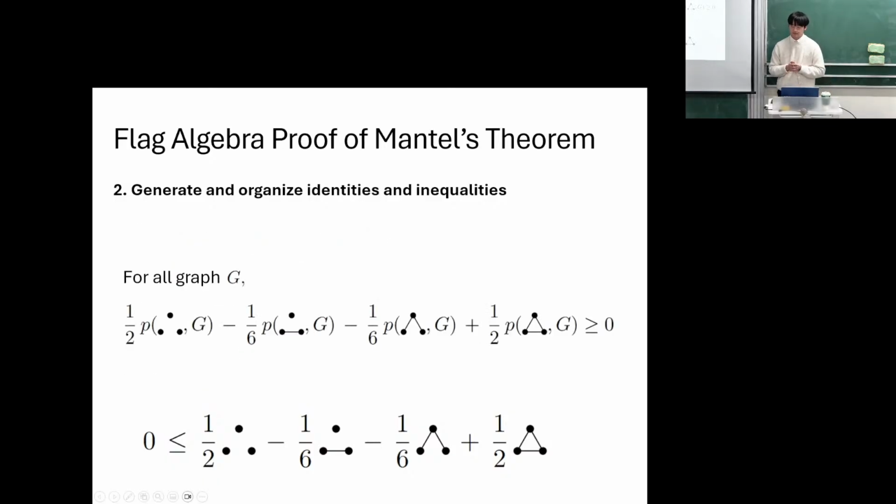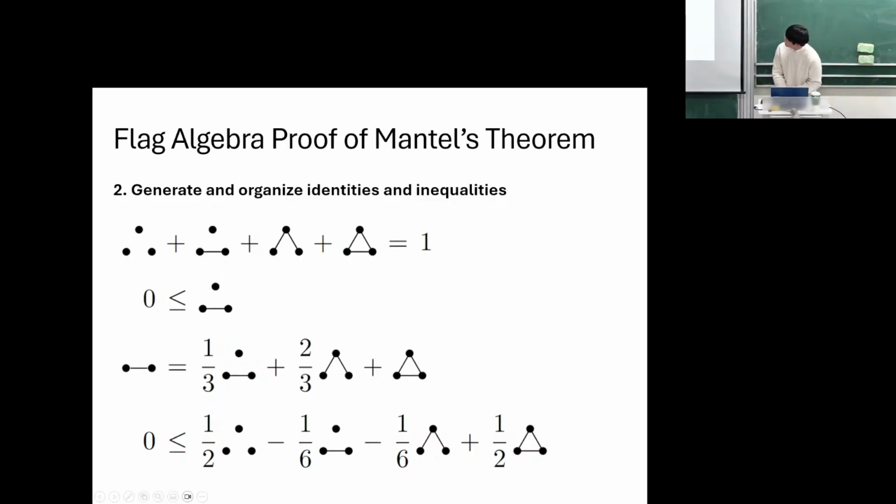As before, it means that for any graph G, the value obtained by computing these density calculations is always greater than or equal to 0. To prove this inequality, we need an operator called the downward operator, but I will not explain how to prove this inequality in detail.